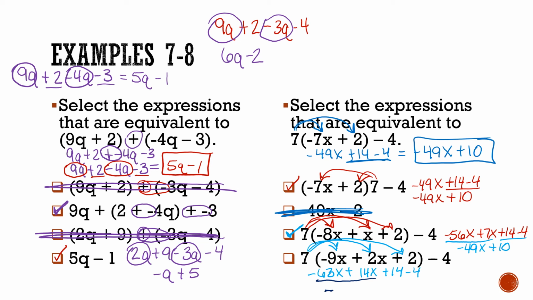Since the signs are different in front of 63 and 14, we will subtract those. So we're going to do 63 minus 14. We'll have to borrow from the 6. So 13, subtract 4 gives you 9. And 5 minus 1 is 4. So we get negative 49x. And 14 minus 4 is positive 10. So the first, third, and fourth answer choices were correct.